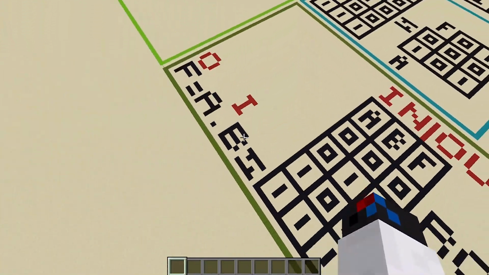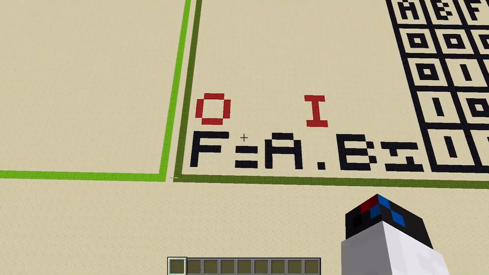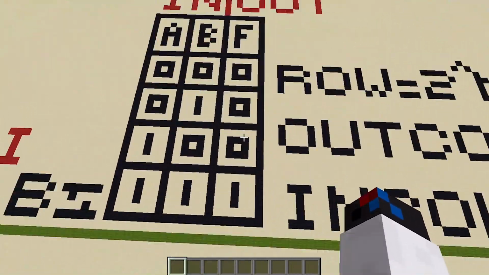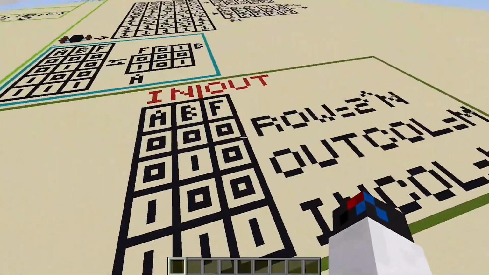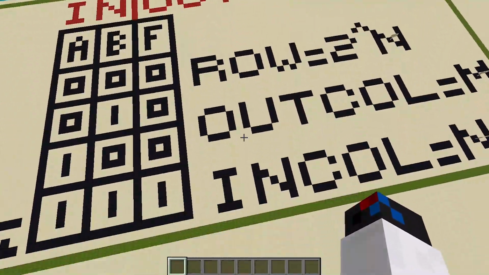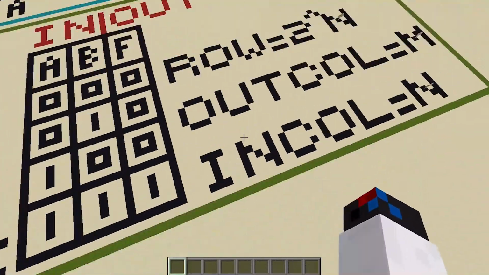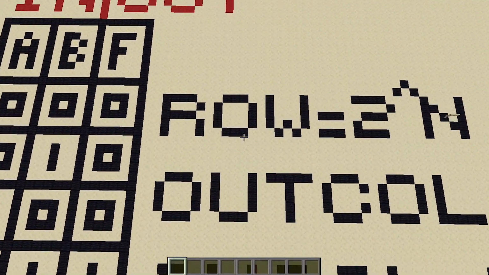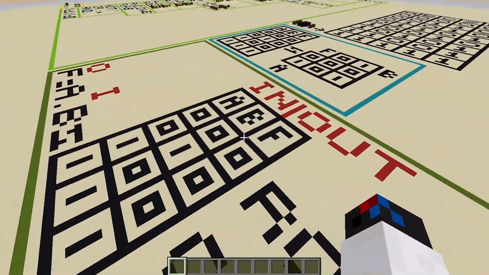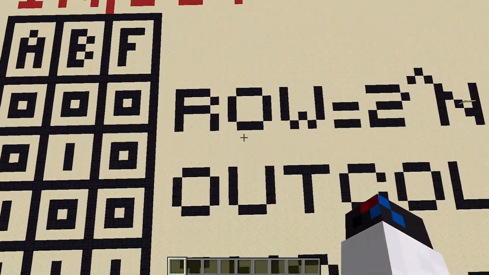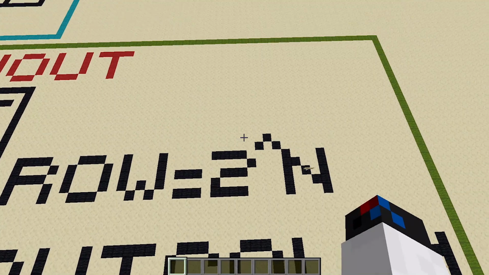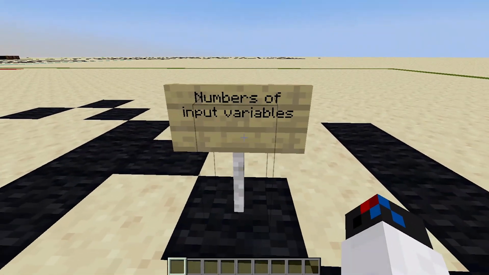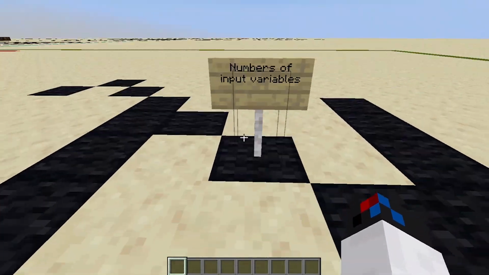Over here I only have one function, f equals a and b, so at the output I only have one column. But if you have more functions, you're going to have more columns over here at the output. Okay, and finally, this one is very important, the rows. How many rows do you need in order to construct a truth table? Well, the number of rows is 2 to the power of n, and if you remember, n is the number of input variables.